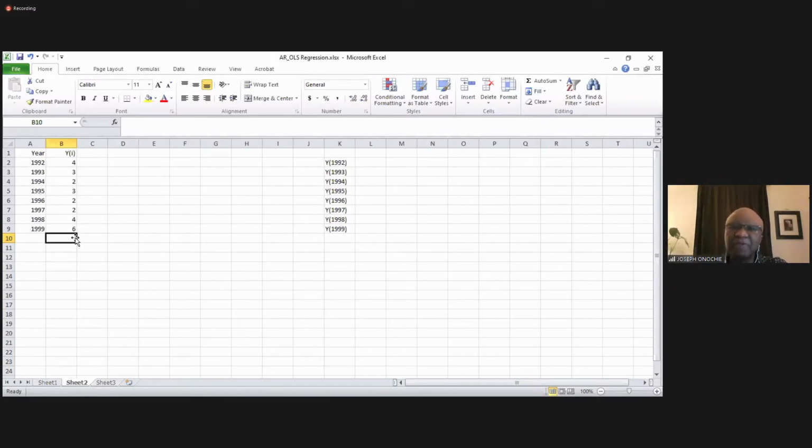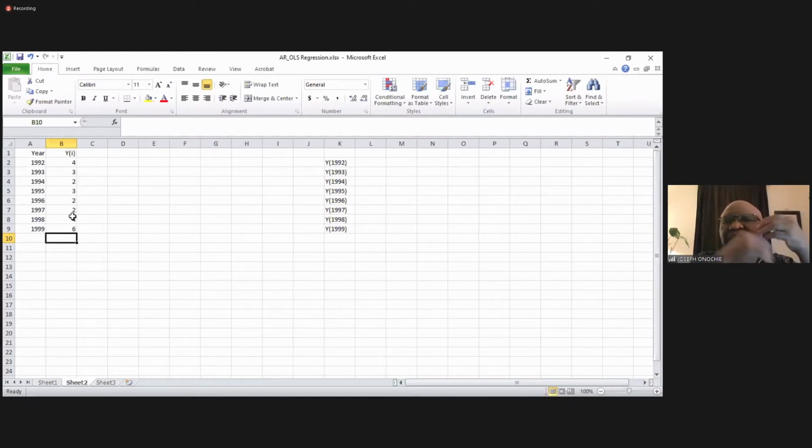So in other words, this set will be related to another set, will be related to another set, and so on and so forth. And if this number has a relationship with this number, with this number, with this number, then, hey, they are not white noise.